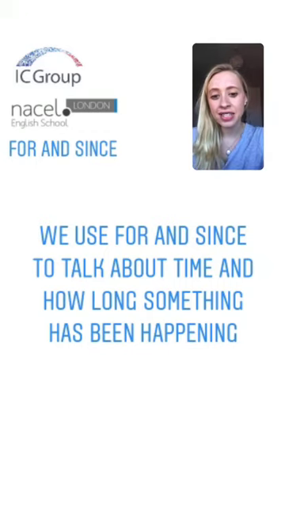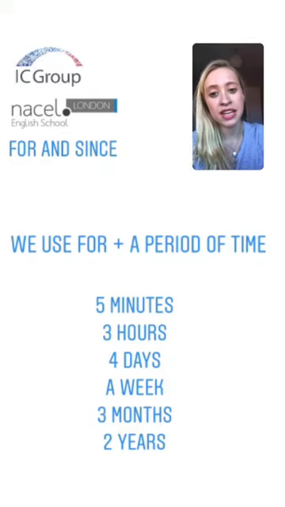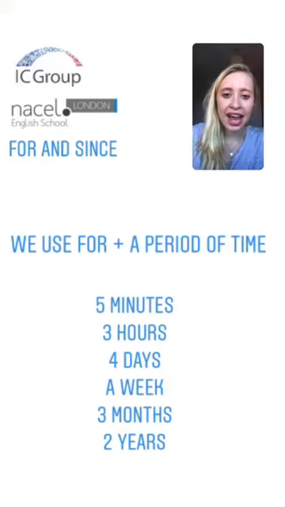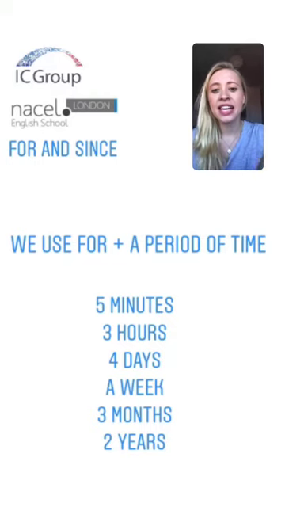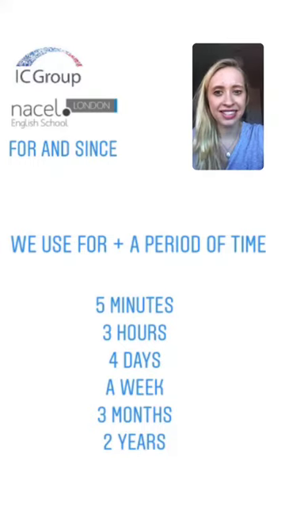Okay, first we're going to look at for. We use for when we are talking about a period of time. Examples are 5 minutes, 3 hours, 4 days, a week, 3 months, and 2 years, I think it says.